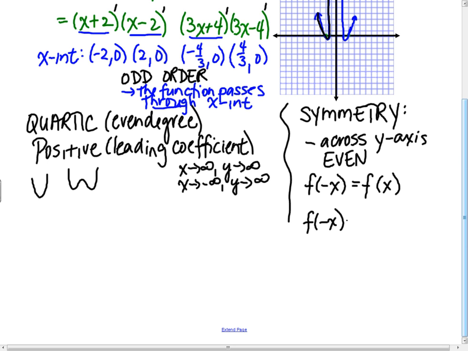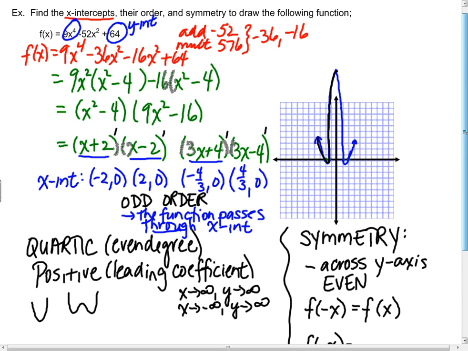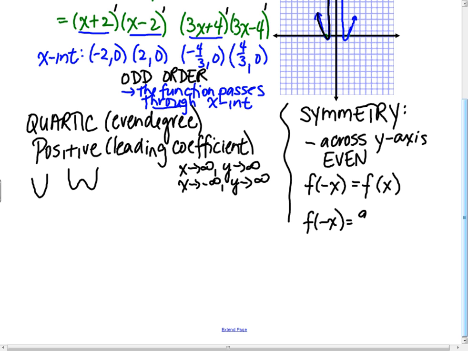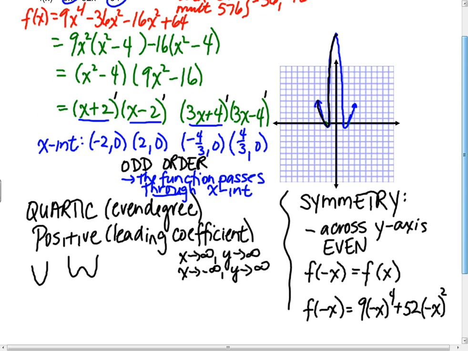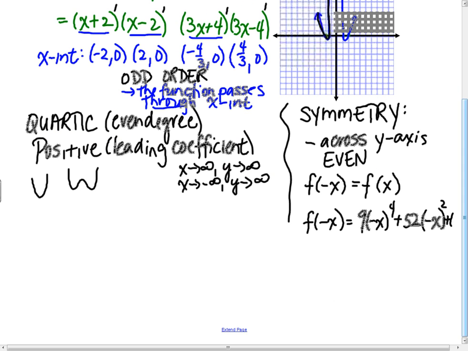If I put a negative x into my function, I'm going to scroll up for a second. 9x to the 4th minus 52x squared. 9, put in a negative x. It's amazing how fast I forget things. That's a minus and a plus 64.